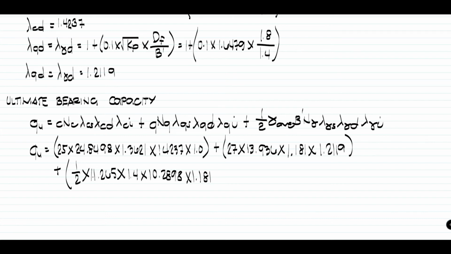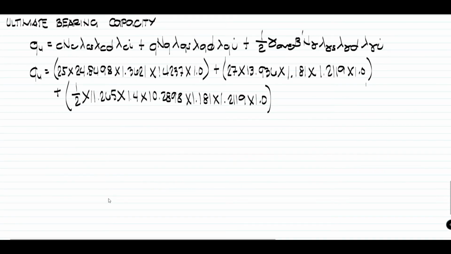Ito yung lambda gamma S and yung lambda gamma D, which is 1.2119. Automatically, times 1.0 for the lambda gamma I kasi hindi naman inclined. So, as well as this one. So, calculating this long equation, we have the value of QU, which is equivalent to 1859.4048. This is in kilopascals. So, yan yung QU natin.